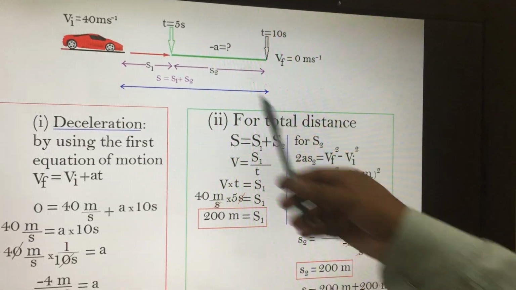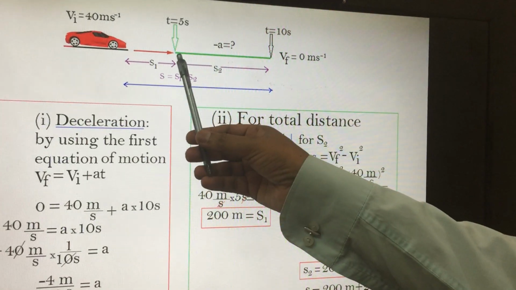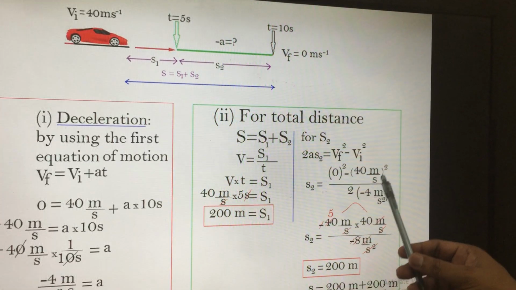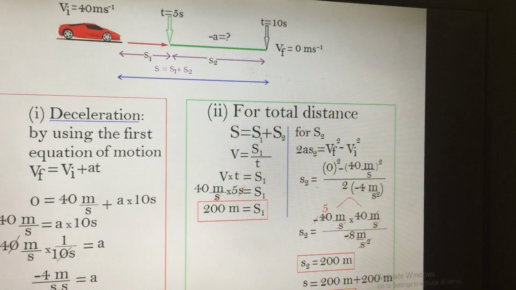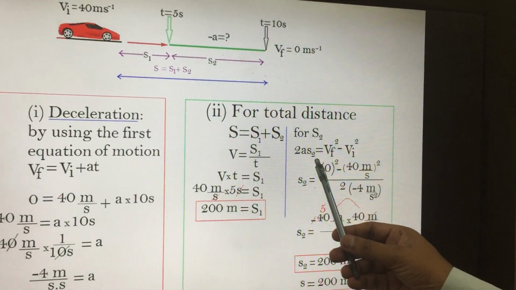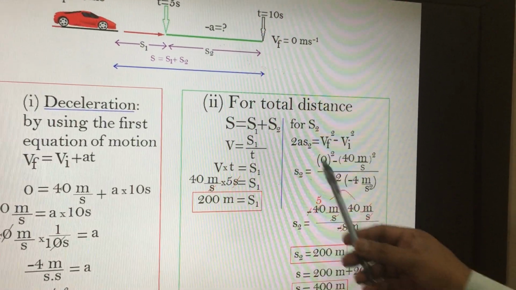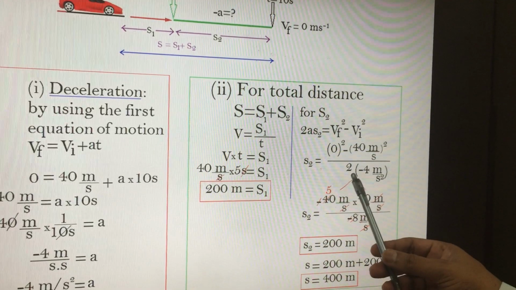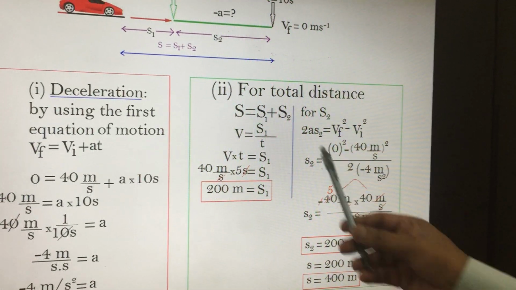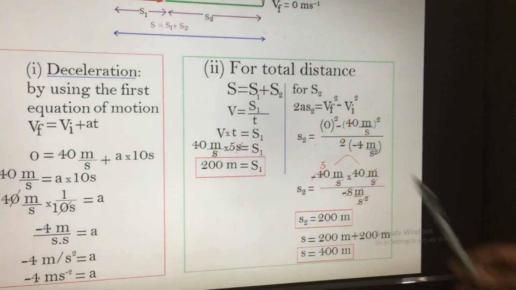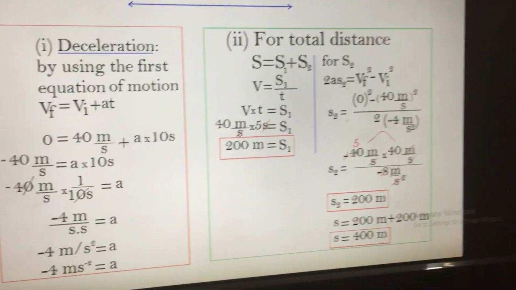The initial velocity in this case was 40 meters per second, so 40 meters per second square. Now 2s is multiplying here, so when it comes to the right side of the equal sign, it will get divided by 2a, and a is minus 4 meters per second square. We will use the same value of a.